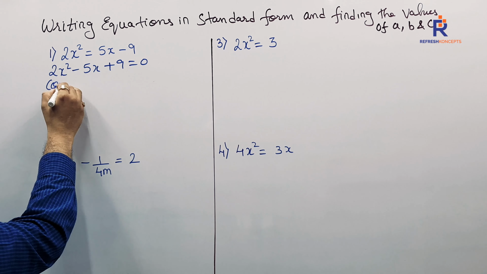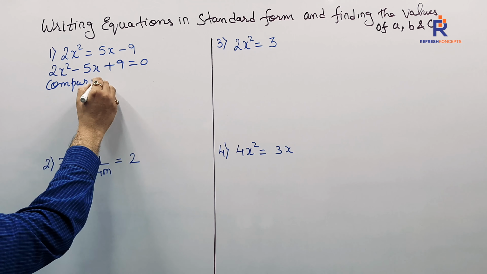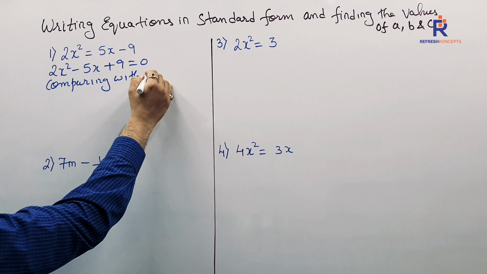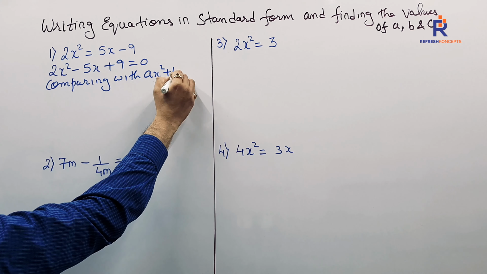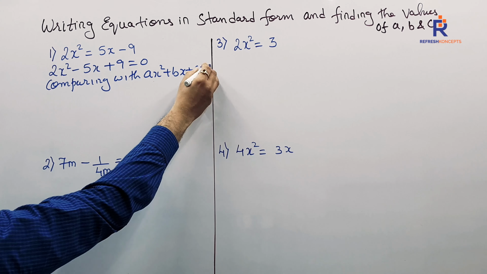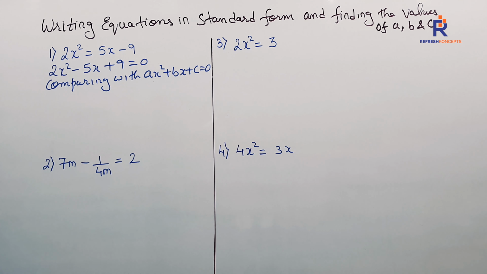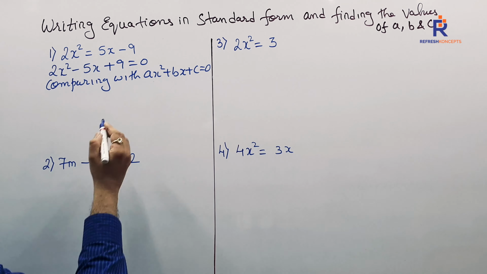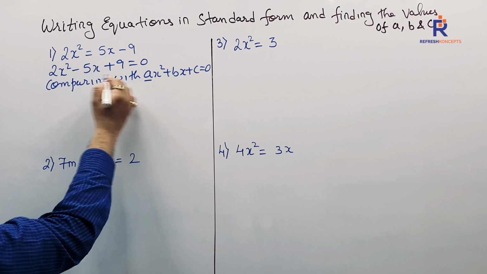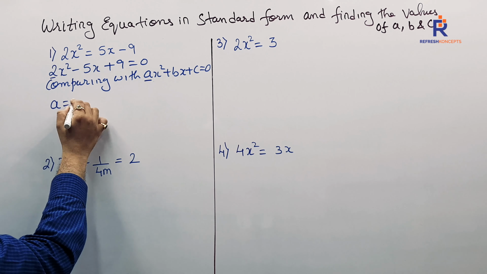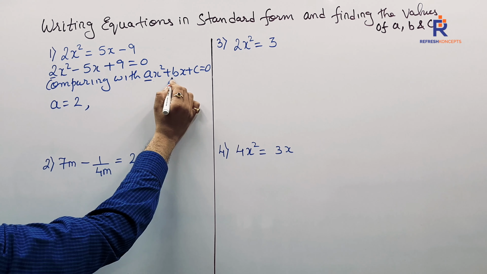Comparing with, what is the standard form? Ax square plus bx plus c equals to 0. Comparing with ax square plus bx plus c equals to 0, what do I get? My a is 2. What is my b?